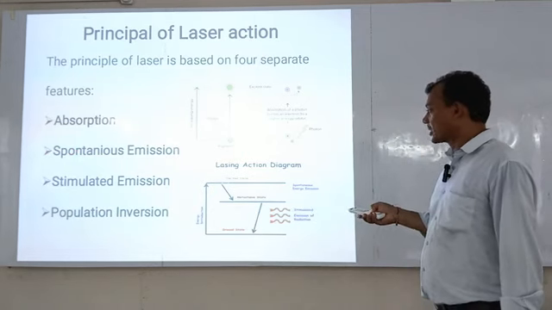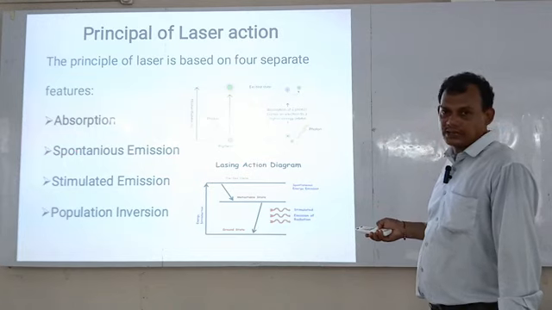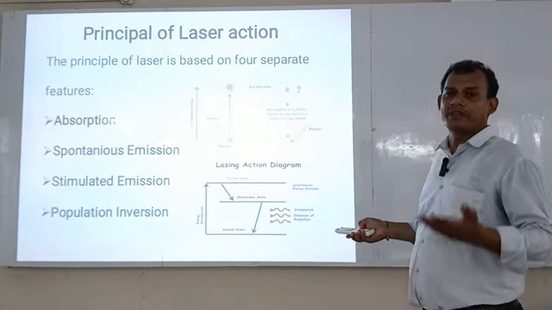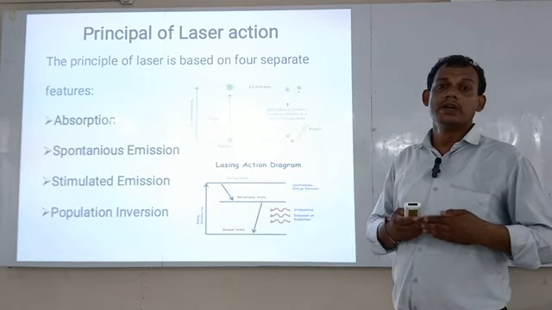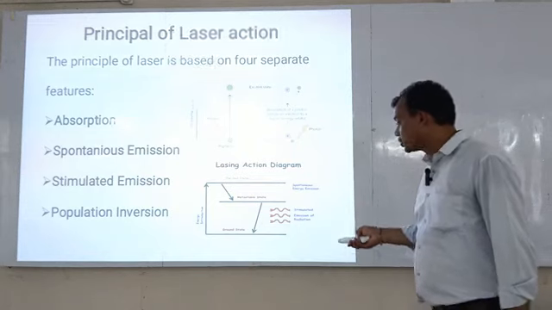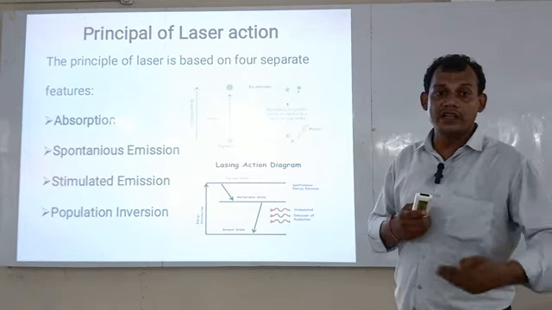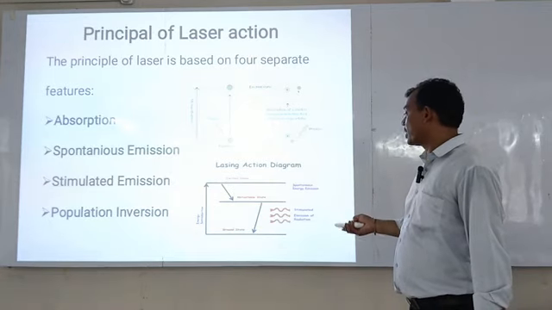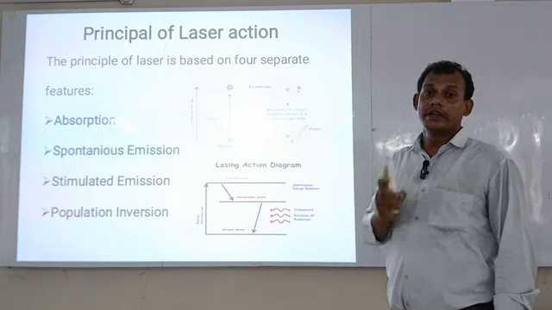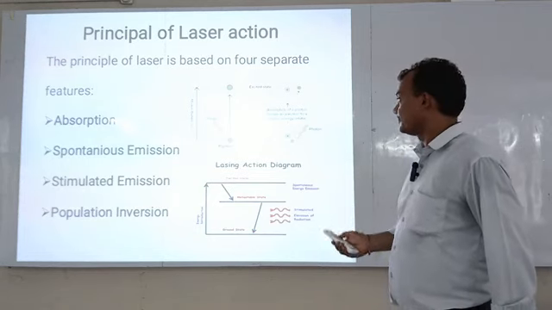But when atoms come to the metastable state without releasing any energy, and in the metastable state absorb some energy, come to the ground state and release a modified form of the absorbed energy, this process of emission is called stimulated emission.